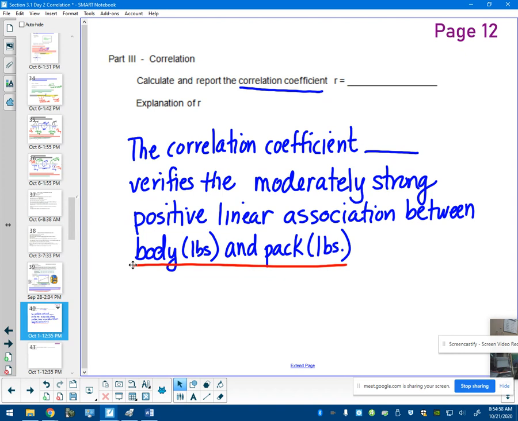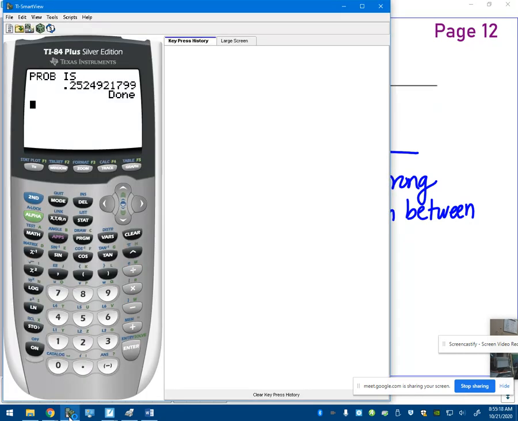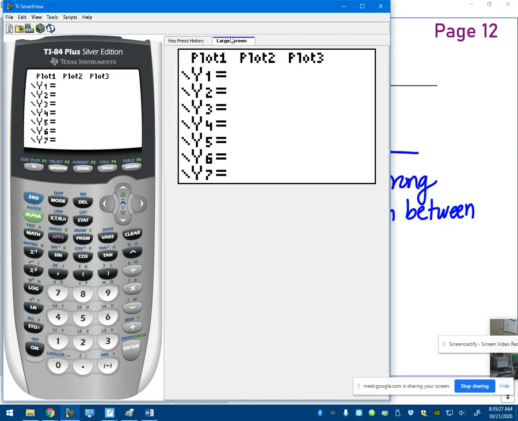All right, everybody ready? There's a couple ways to do this. I'm going to teach you the way that I ultimately want you to do it. So here we go. In your calculator, make sure everything's cleared out. Hit Y equals, make sure there's nothing there. If there is, clear it out. I'm going to start from scratch.